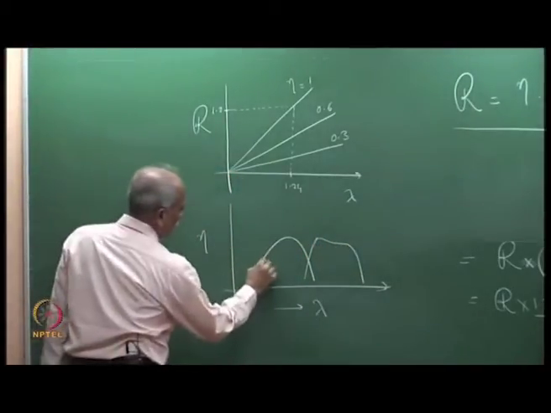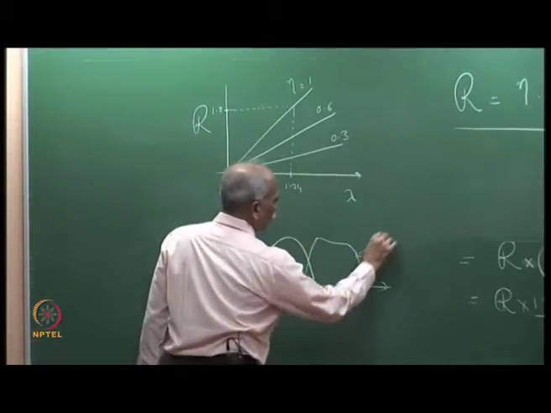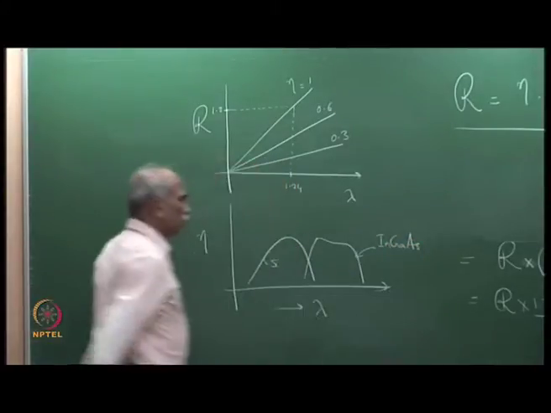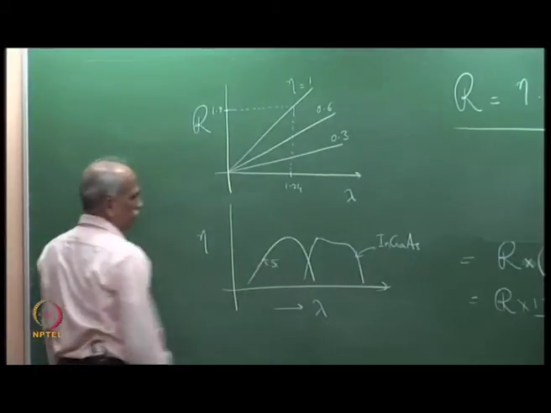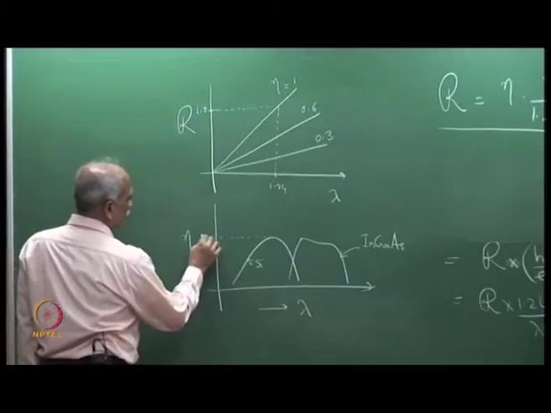So, this is for silicon and this is for indium gallium arsenide. Two very important detector materials, silicon and indium gallium arsenide.